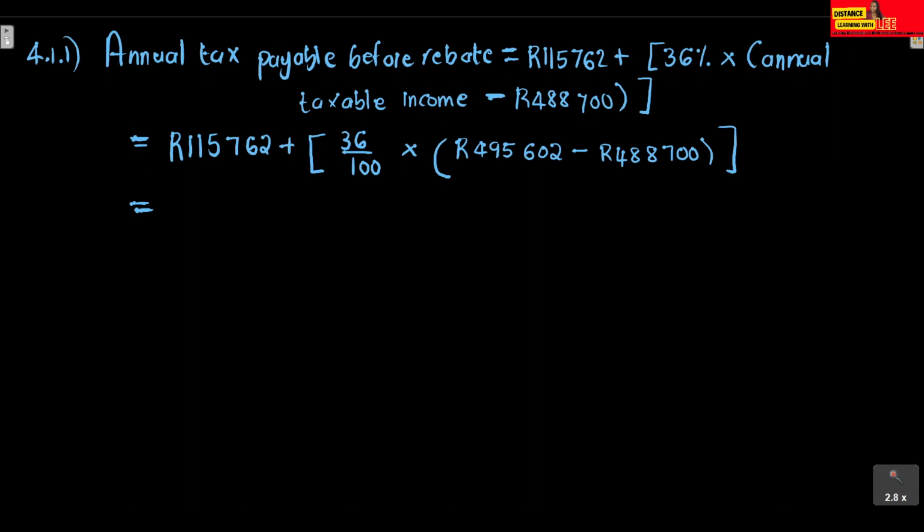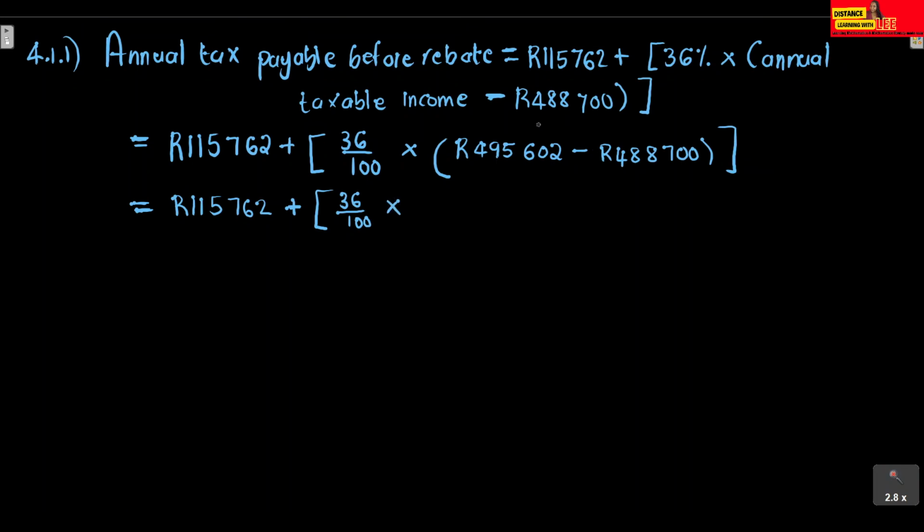Okay, so we're going to punch this into your calculator. I'm going to show you how you can calculate these separately, because you need to remember to show all the bits and pieces when you are doing your solutions in your exam. So I'm going to keep that as 36 over 100.